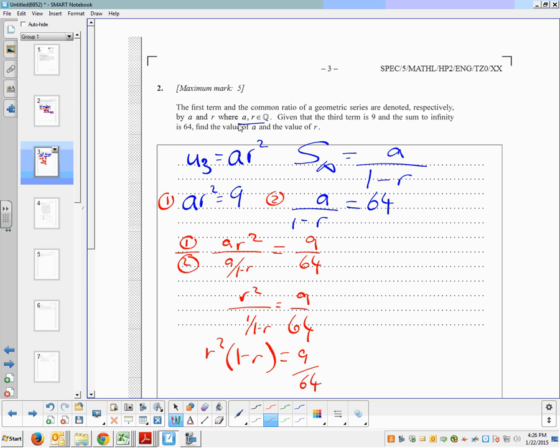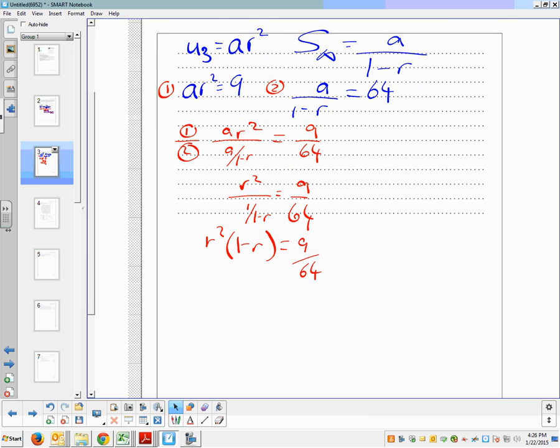I'm going to rearrange that equal to 0. r cubed minus r squared plus 9/64 equals 0. And then evaluate that in your calculator, which I do by graphing it, but I know there are other ways. So y equals, in the calculator, x cubed minus x squared plus 9 over 64.